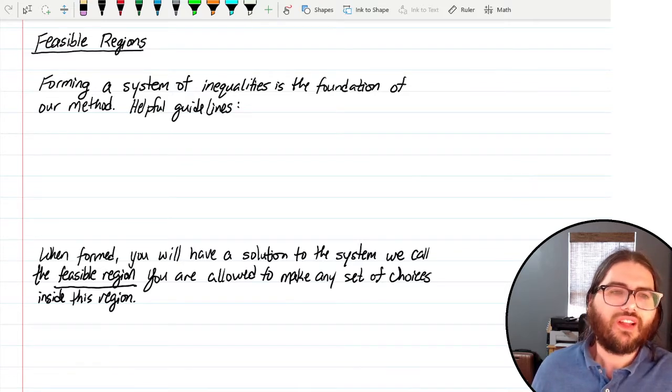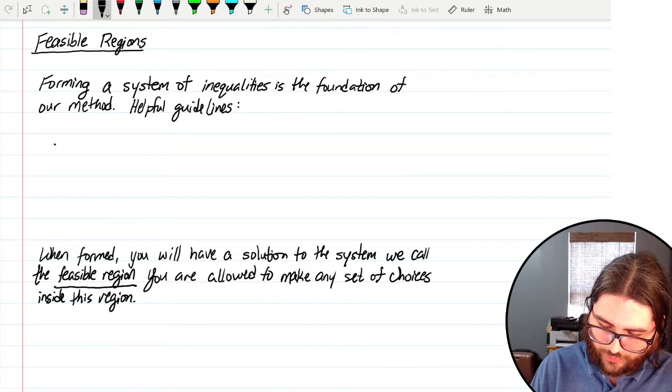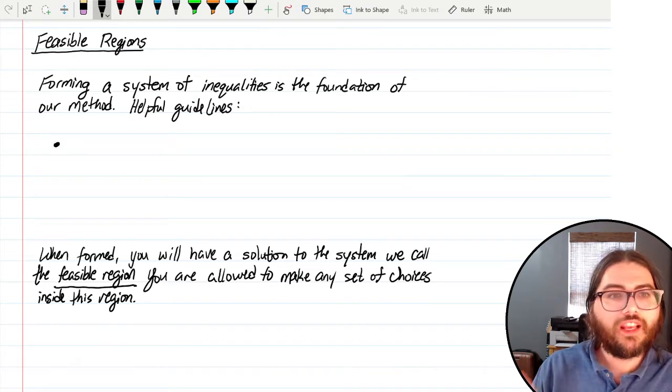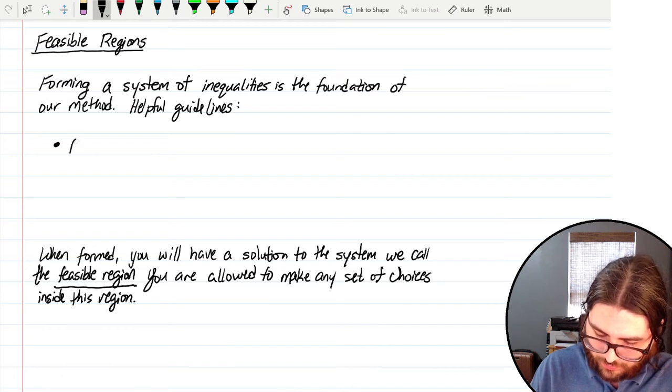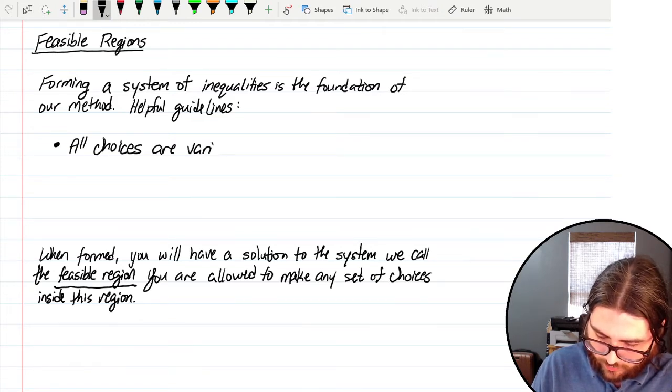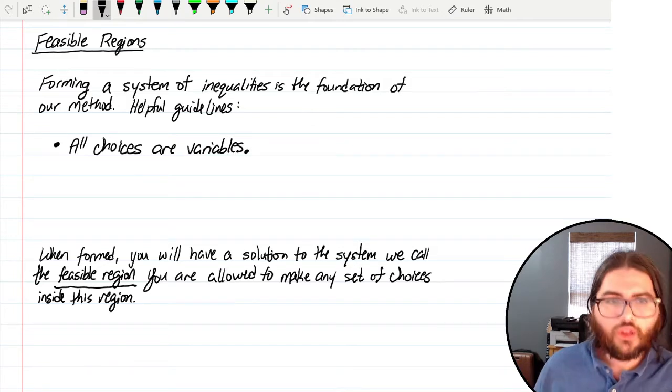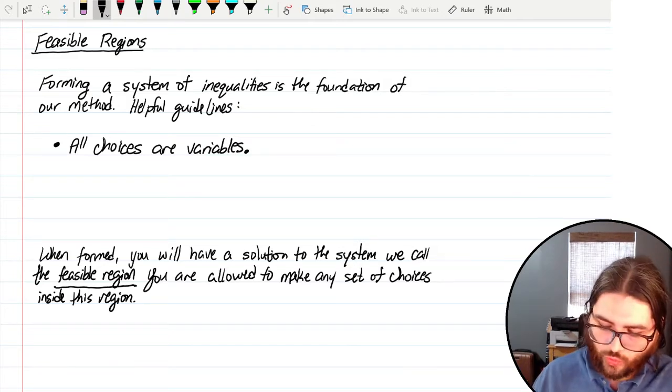Right? One of the things I like to tell students is every time you make a choice, that needs to be a variable. Right? And these are your direct choices.